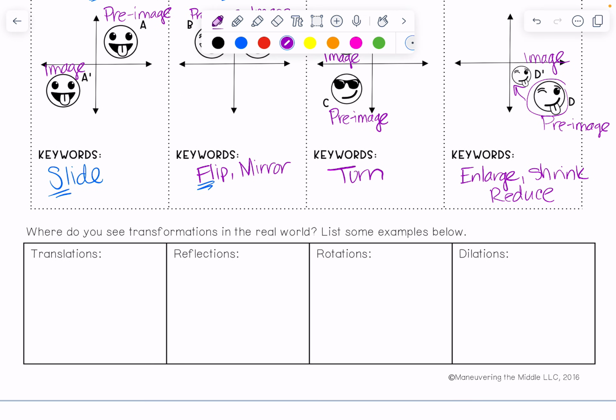Here are a couple of examples of transformations in the real world. Translations could be a conveyor belt, sliding items. Reflections could be an image of a landscape on a body of water.